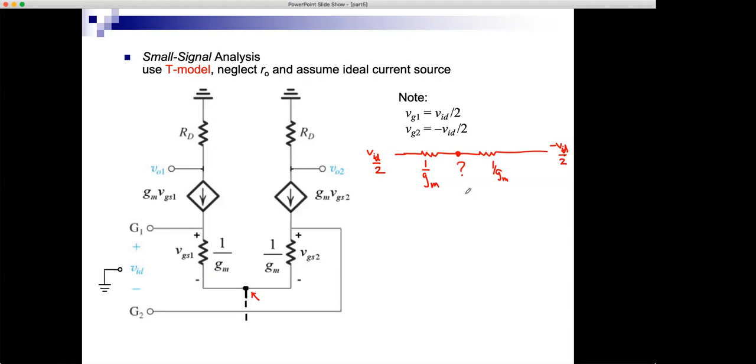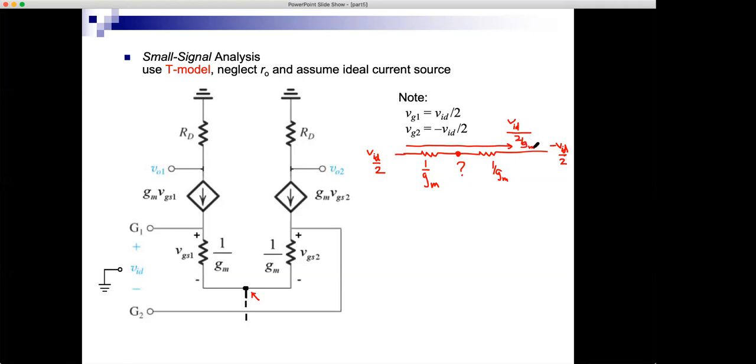Well, Muhammad Faqih guessed it. He guessed 0. And in fact, it is, because we can just use Ohm's law. The current here is VID over 2 minus minus VID over 2, so VID is the voltage drop across the 2 resistors. The current is VID divided by 1 over gm plus 1 over gm, which is 2 over gm.